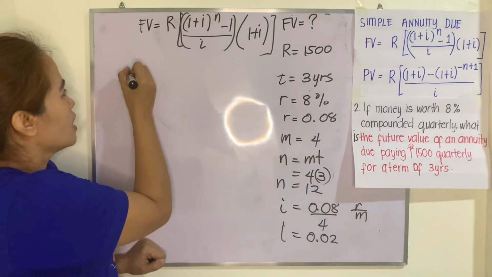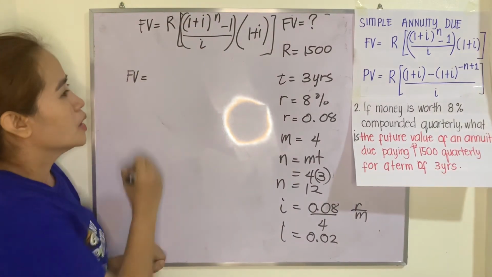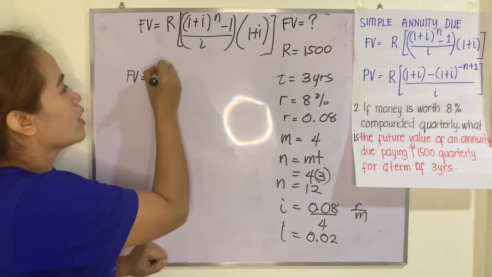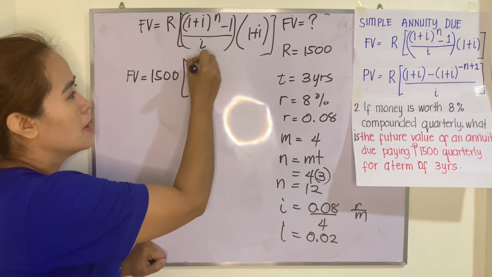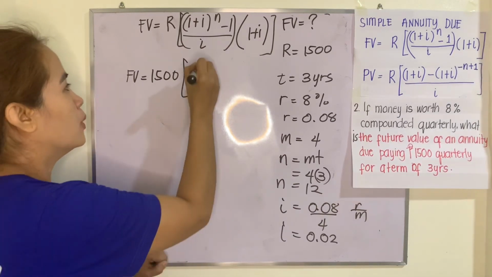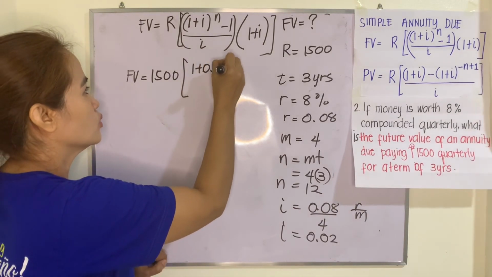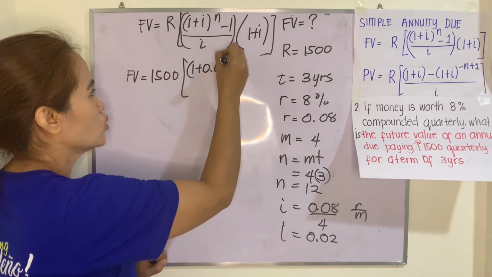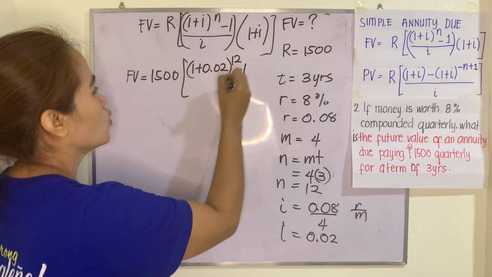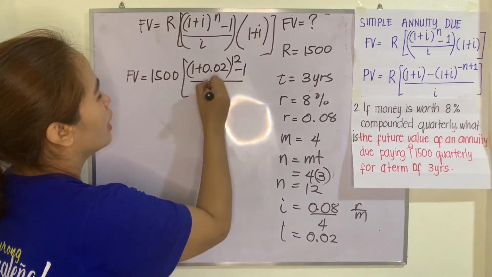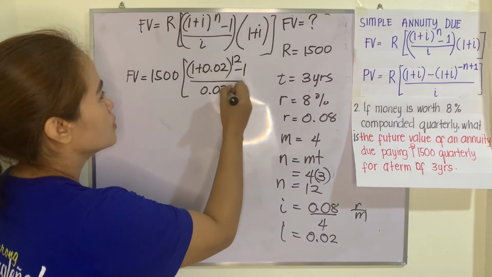So this one is FV equivalent to 1,500 multiplied by 1 plus 0.02 raised to n, 12, minus 1 divided by 0.02.